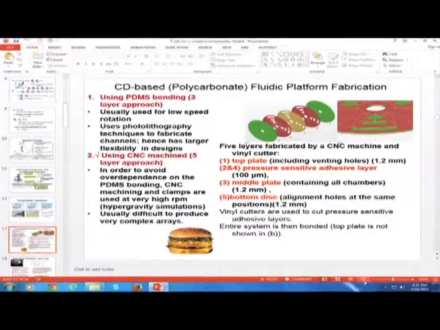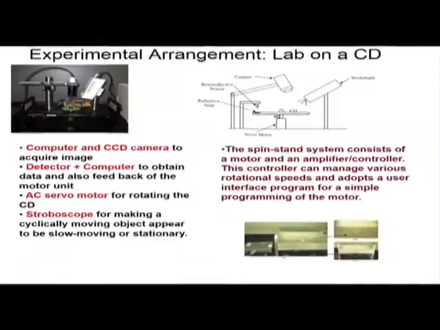So we will continue with this discussion. So the experimental arrangement, you can see there is a computer and CCD camera to acquire the image, a detector and computer to obtain the data and also feedback of the motor unit, an AC servo motor for rotating the CD. There is something, this is very important, called a stroboscope.